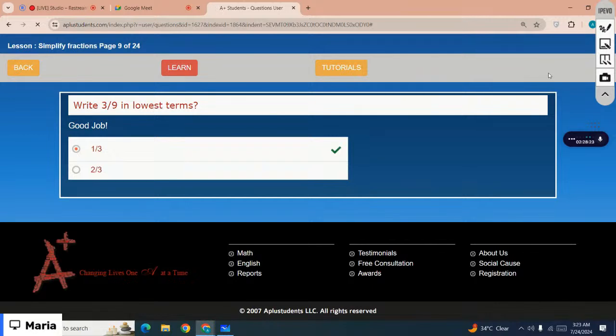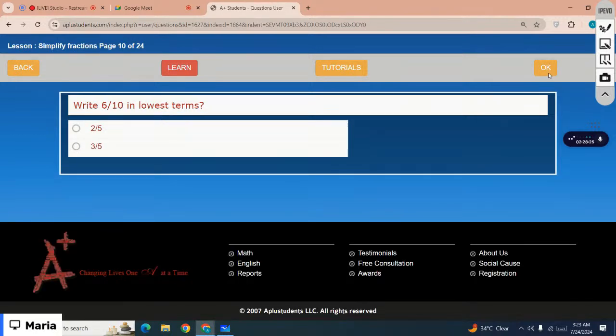Okay, the next one is write 6 by 10 in lowest term, which is the correct option.